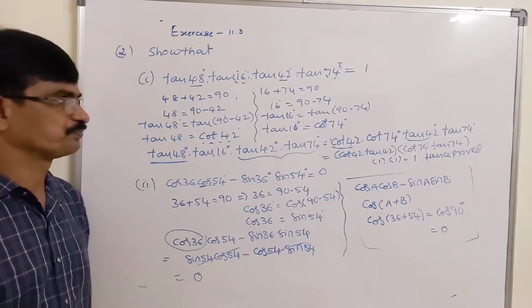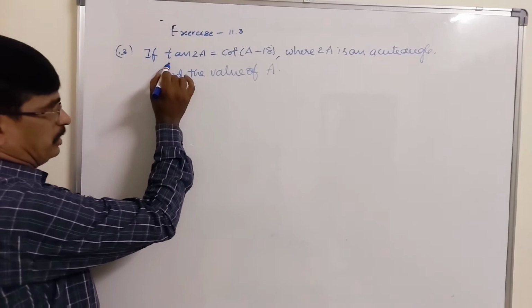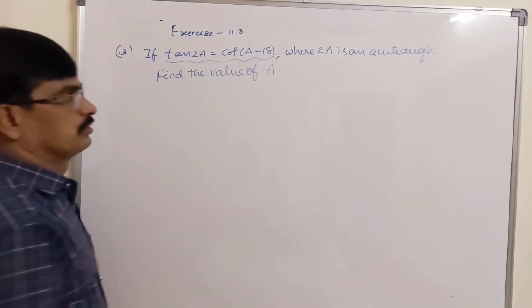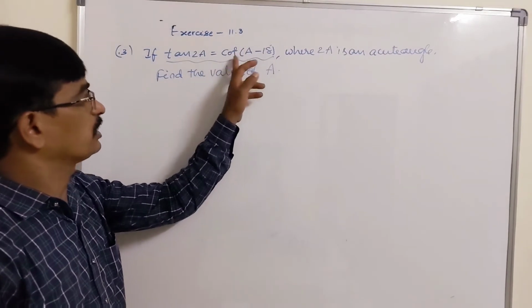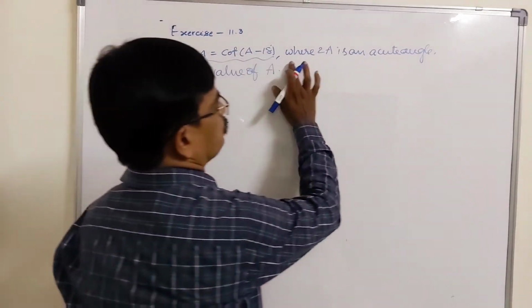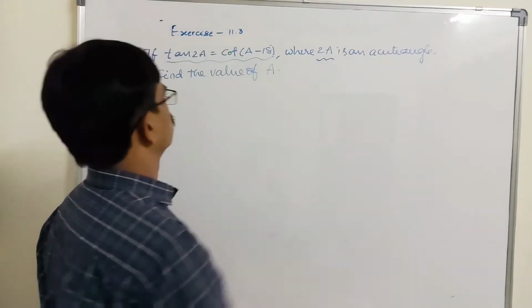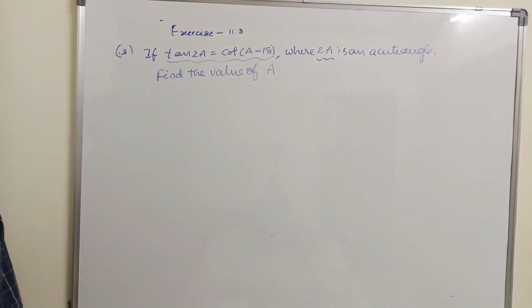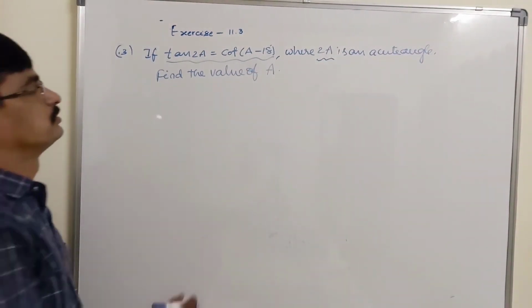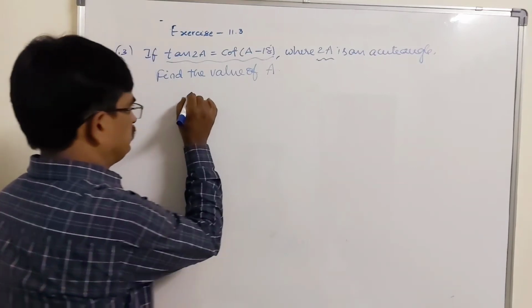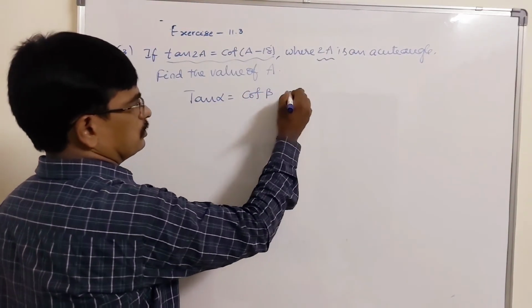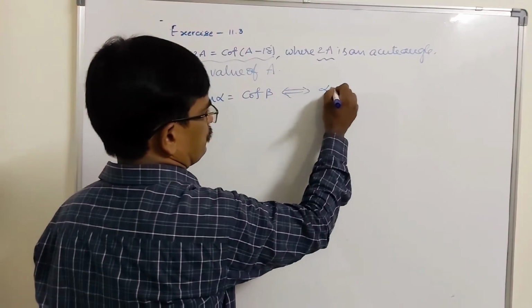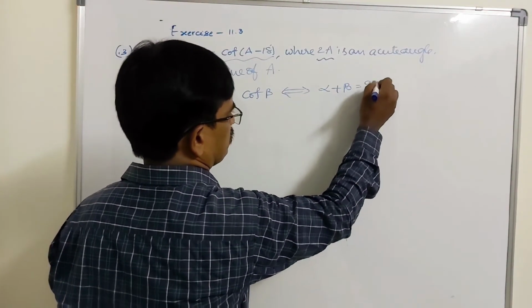Here, if tan 2a is equal to cot of a minus 18, where 2a is an acute angle, find the value of a. Tan alpha is equal to cot beta when it is possible if alpha plus beta is equal to 90 degrees.